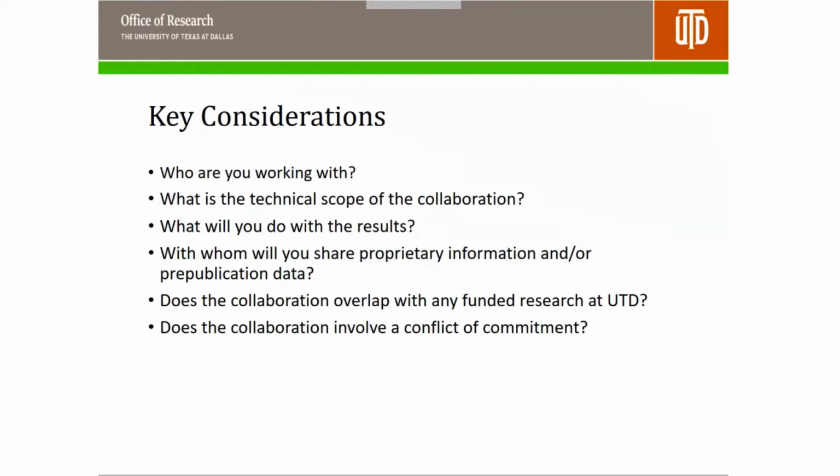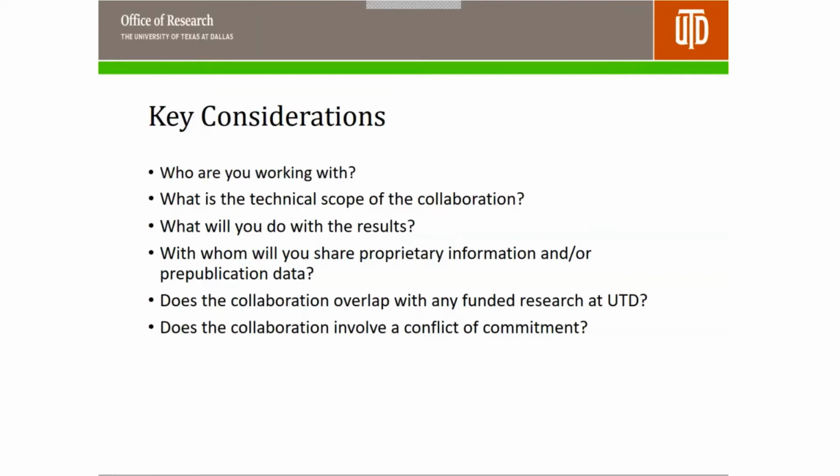Also, if it's not through any kind of contractual agreement, does this collaboration overlap with my funded research at UTD? Is there the possibility that the collaboration would involve a conflict of commitment because I have an appointment at another institution, or researchers at another institution are contributing significantly to this research collaboration that overlaps with federally funded research?